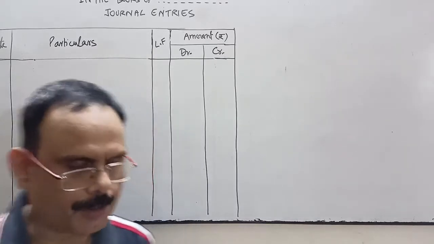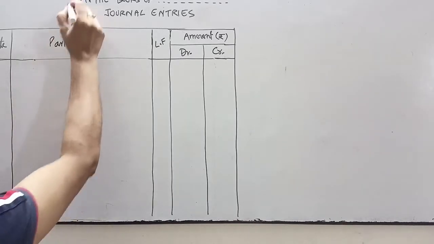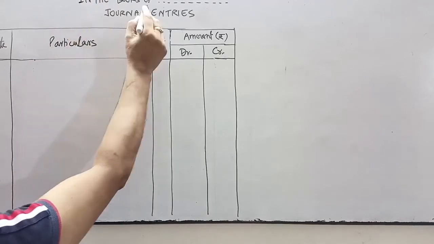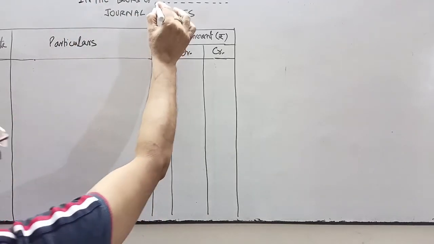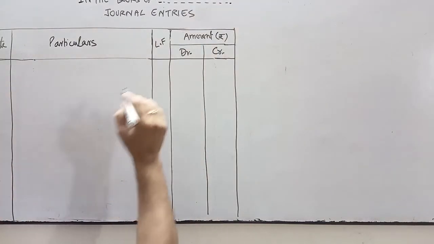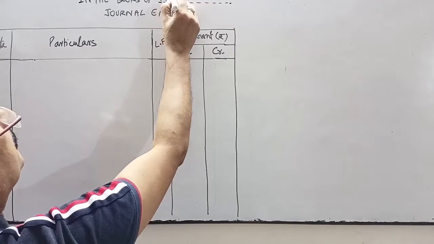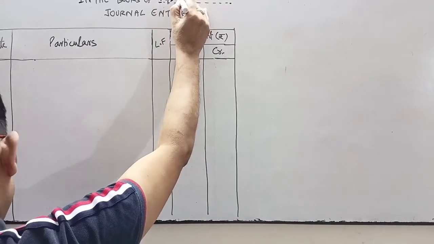I have already drawn a format of a journal. So in the books of, here I have written "in the books of". I will write the name of the business.